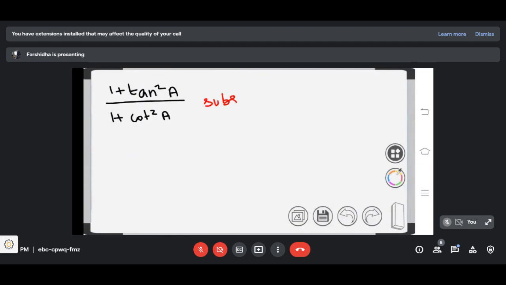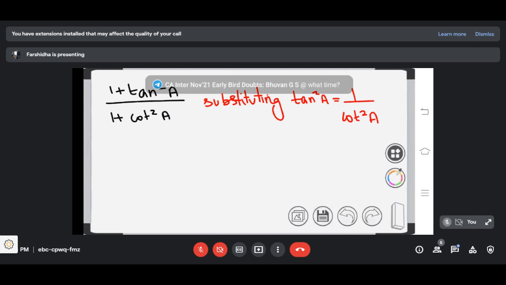Okay, below that, write substituting tan square A is equal to 1 by cot square A. Tan and cot are reciprocals, so I can write tan square A is equal to 1 by cot square A.